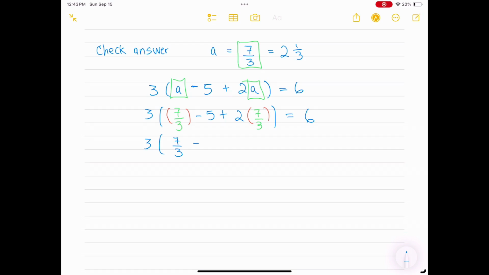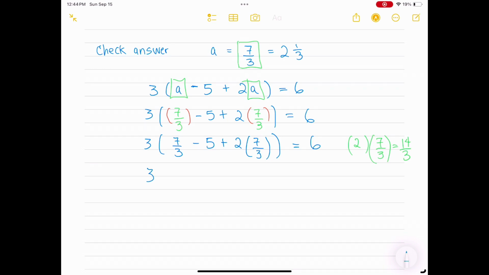So now I have 3, open parenthesis, 7/3 minus 5 plus 2 times 7/3, close parenthesis, equal 6. And according to order of operations, I must solve the equation within the parenthesis, and there is a multiplication which must be solved first. 2 times 7/3 simplifies to 14/3.